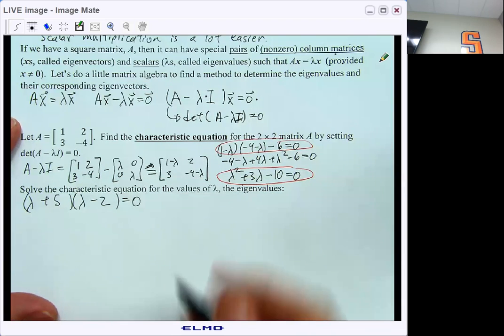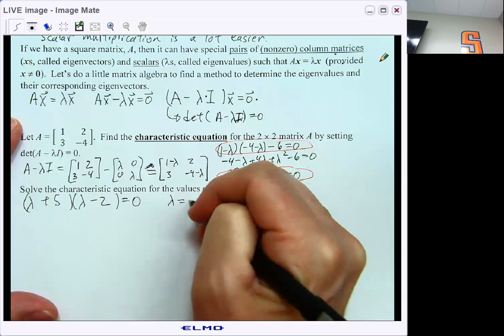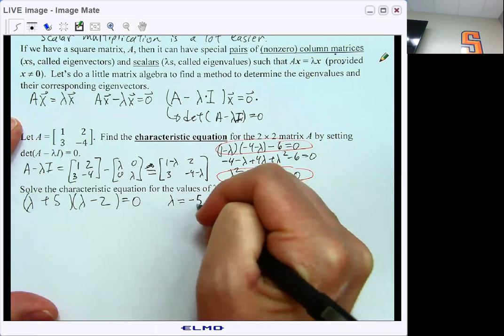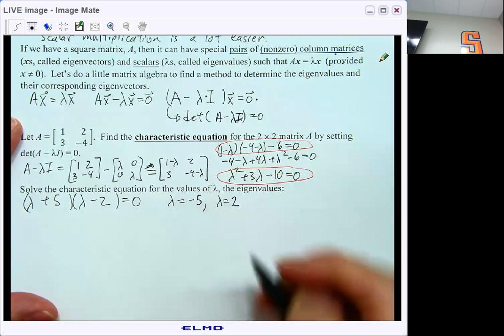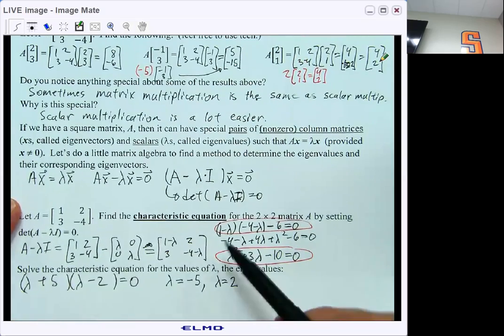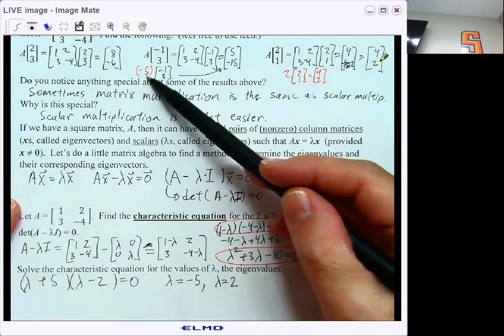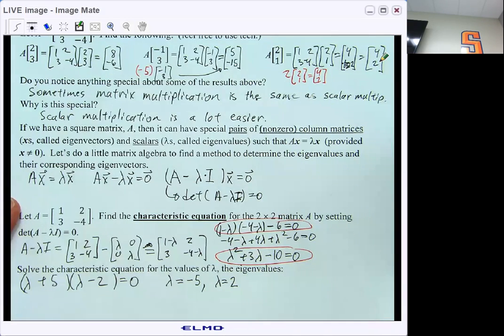So our characteristic equation leads us to lambda equals negative 5 and lambda equals 2. Interesting, those happen to be the numbers that we got up here, those scalar multiples.